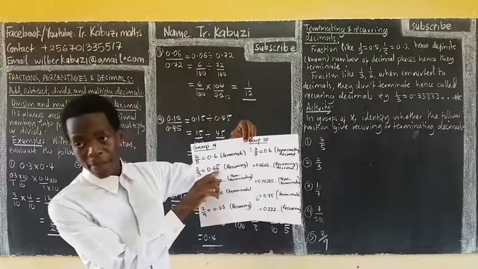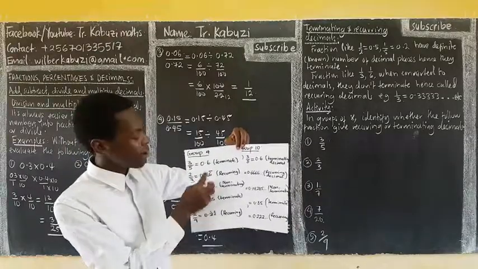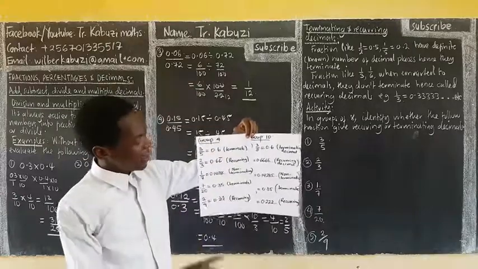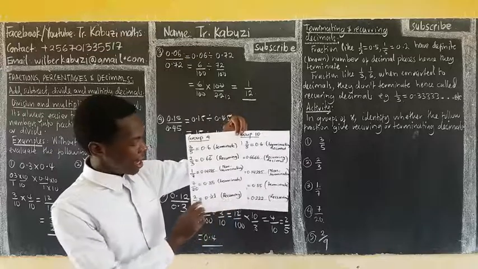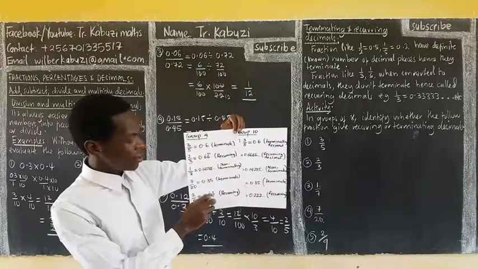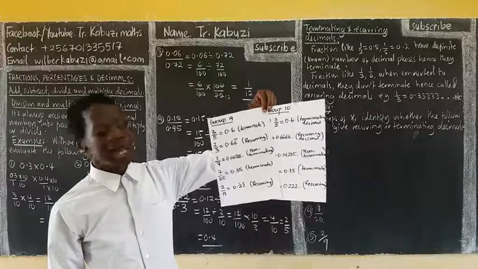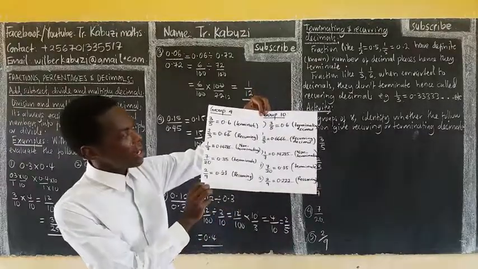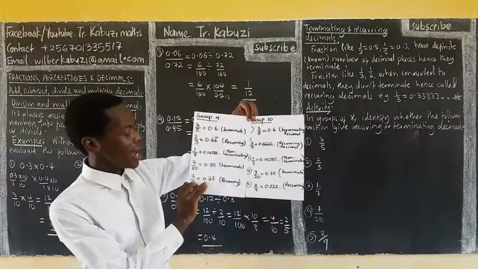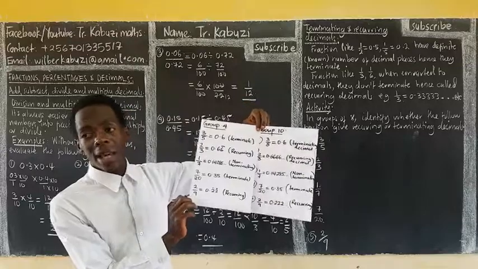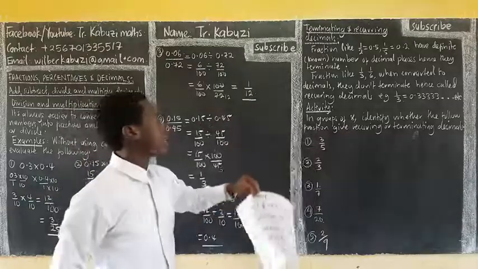Even if you put only 0.6 and then put a bar there. Then when they came to this, they have 0.22 and they put 2 small dots, as you can see. So that means that this one is also recurring. So from group 4, you are seeing that they can identify recurring or repeating numbers by putting dots or a bar at the top of those recurring numbers. So that's what we're learning.